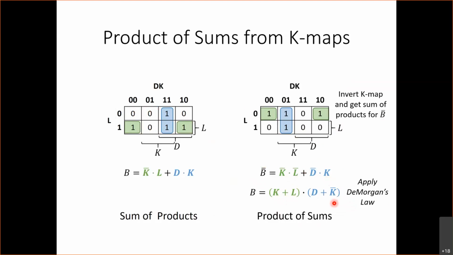Okay, so you can go directly from this Karnaugh map here to the equation over here, but I did it in steps just because it's easier to understand and explain, and also you're less likely to make mistakes if you do it in steps. Okay, any other questions? All right, let's move on then.